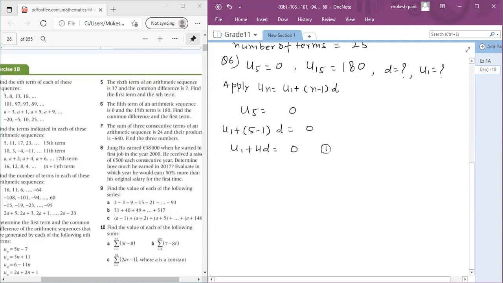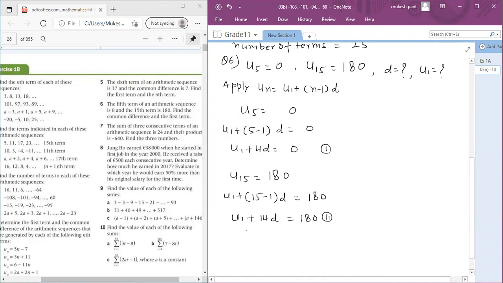This is equation 1. Now u15 is given as 180, so in place of u15 we write u1 plus (15 minus 1) times d equals 180. So u1 plus 14d equals 180. Equation 2.